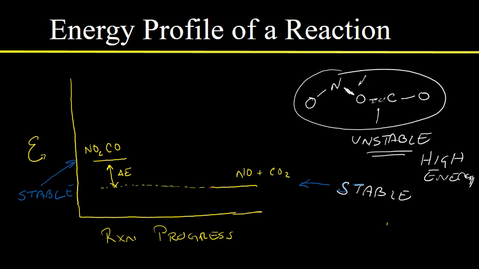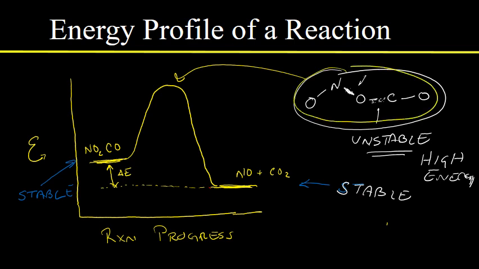So if we plot the energy across this reaction coordinate, instead of going directly from reactants to products, the energy increases and then comes back down, where the energy here is the energy of the reactants, the energy here is the energy of the products, and the energy here at this peak is the energy of this unstable intermediate.